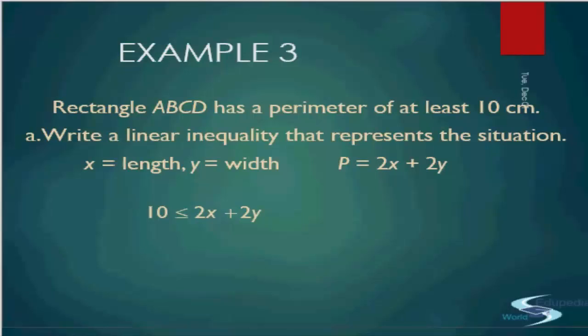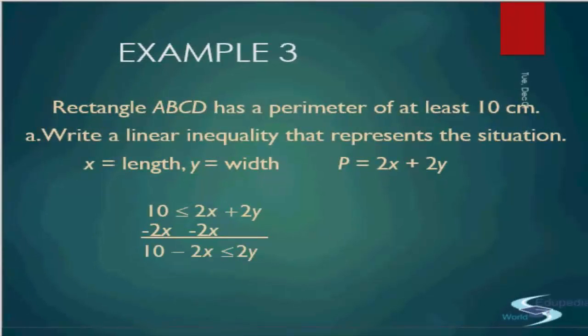So the perimeter, 2x plus 2y, is going to be greater than or equal to 10. That is, it's either going to be 10 or greater than 10. It cannot be less than 10, because that is what the inequality asks of us.